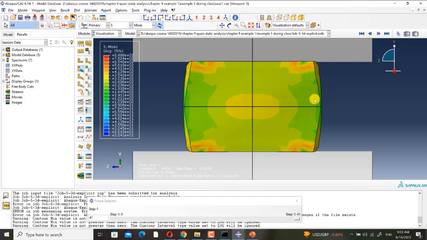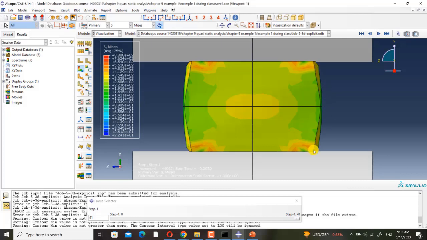But if you do it in 2D, as no calculation will be done in the Z direction, this will not be captured. And this is the error of the 2D simulation.